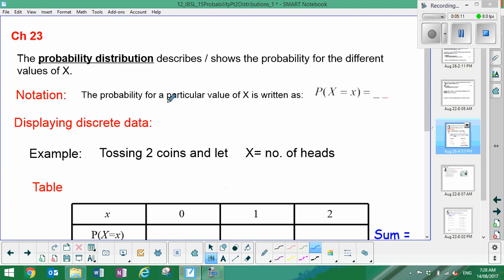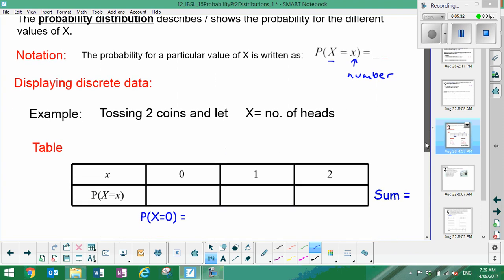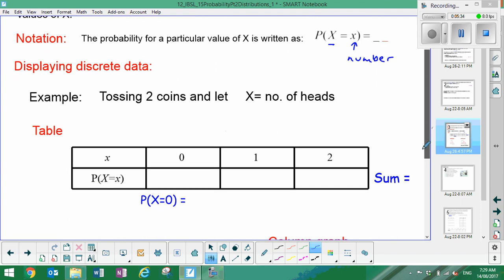For the probability of a particular value of x, we can use this notation. We're saying the probability where x, that's our random variable, equals a particular number. So that's going to be a number in here. So when x is equal to 3, or x is equal to 1, or maybe x is equal to 0. So let's look at our example, tossing 2 coins.